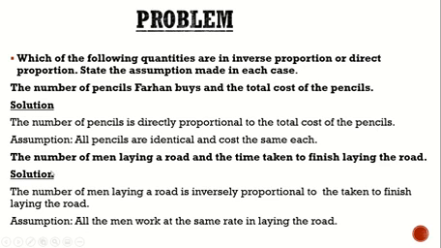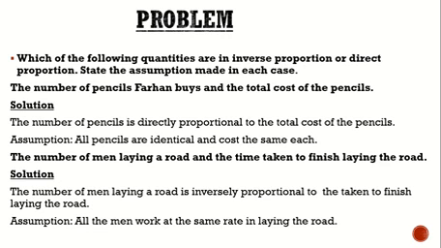The next statement is the number of men laying a rod and the time taken to finish laying the rod. In this statement we have to find whether the quantities are in inverse proportion or not. The solution is: the number of men laying a rod is inversely proportional to the time taken to finish laying the rod, because when we increase the number of men, the time to complete the task will be reduced.